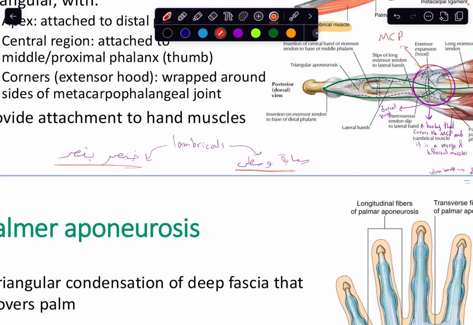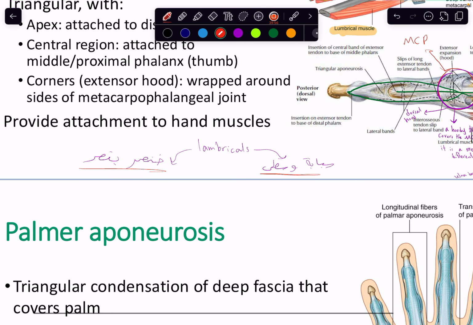With median nerve injury, on these two fingers, the median nerve is supplying the lumbricals, while all the others are supplied by the ulnar. So these lumbricals are not working. No flexion here. What about here? Yes, there is some possibility of some flexion.